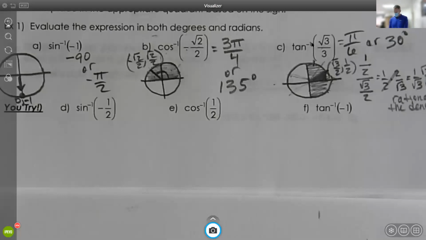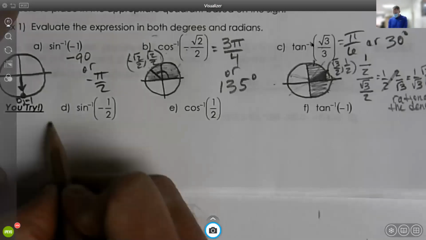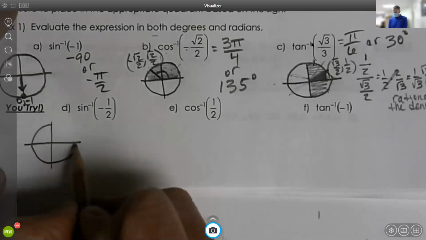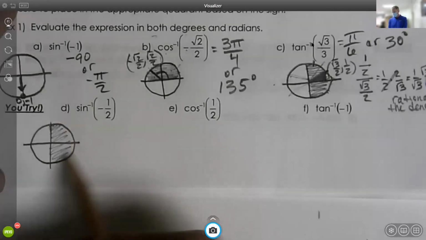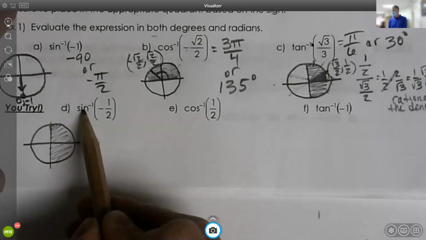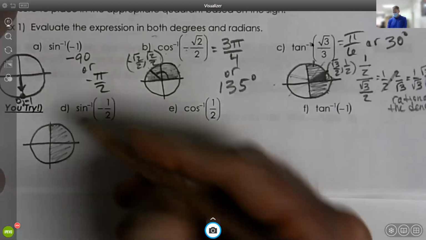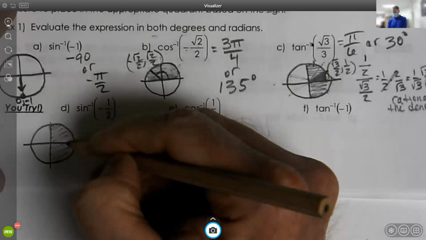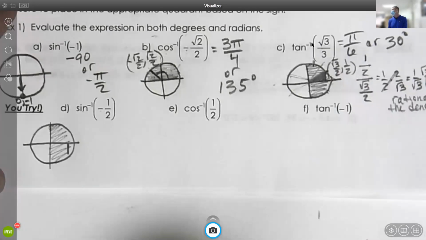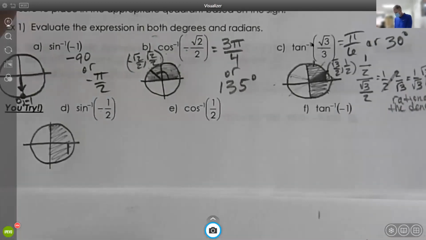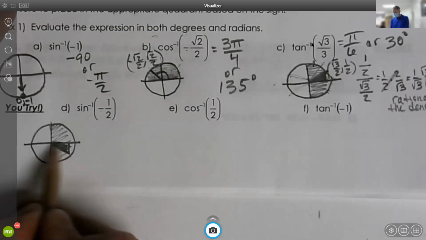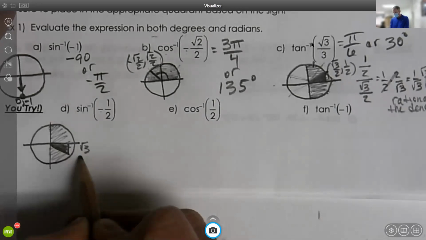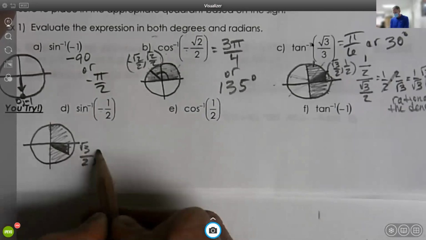All right, to check out what we have, we're looking only in this first and fourth quadrant, where sine would be negative 1/2. That means sine is coming down a short distance. So of course, a short distance for y means that your triangle is going to have a long x and a short y.